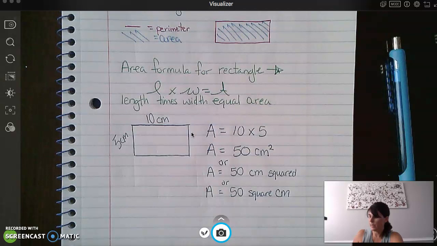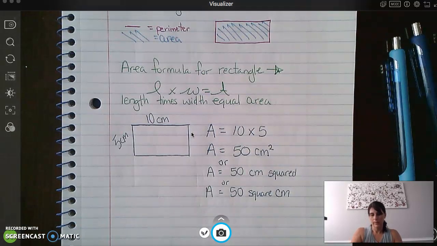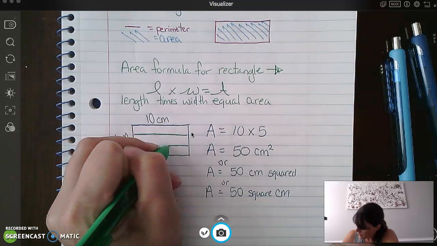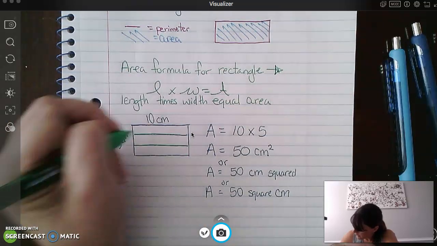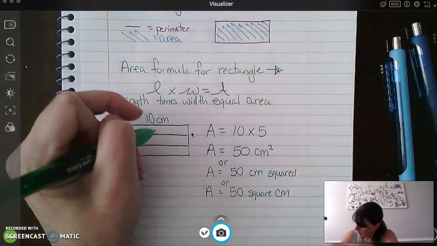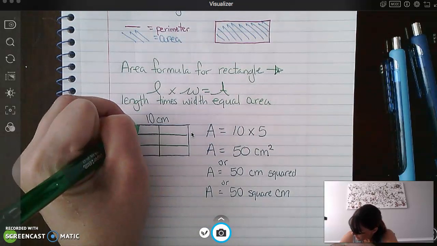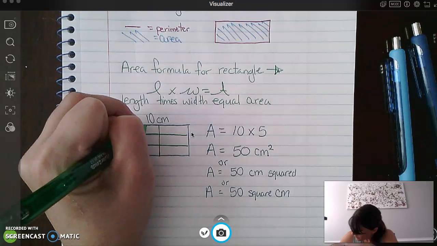So that is squared, because if you take this, let me see what color I want to use. I'll go back to the green. And if I were to do this, I would have to make, that would be the middle, so I would have to make 1, 2, 3.